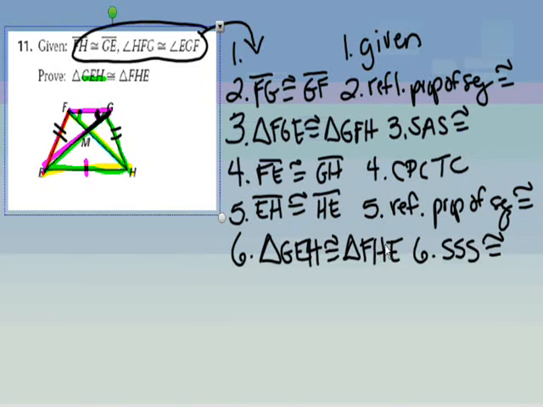Sometimes in the reflexive property, the segment stays the same, and other times it's reversed. It's still the reflexive property, and you just need to think about what the final triangle is going to be to decide whether you keep it the same or you flip-flop the two endpoints.